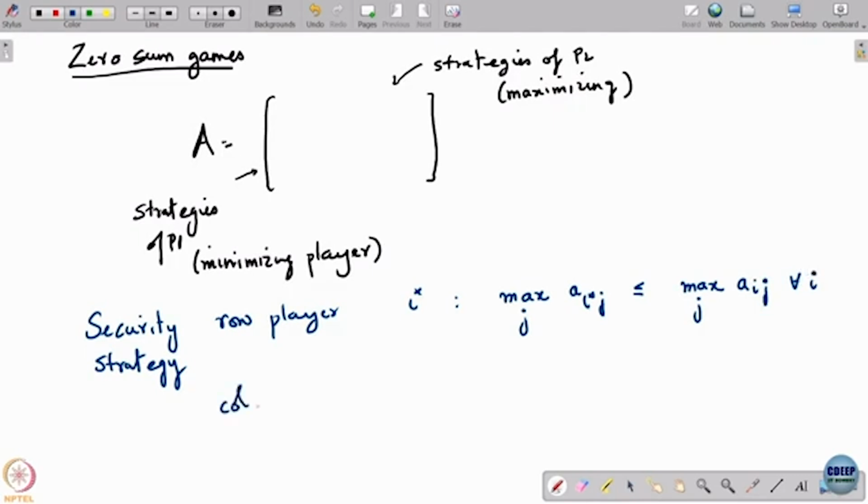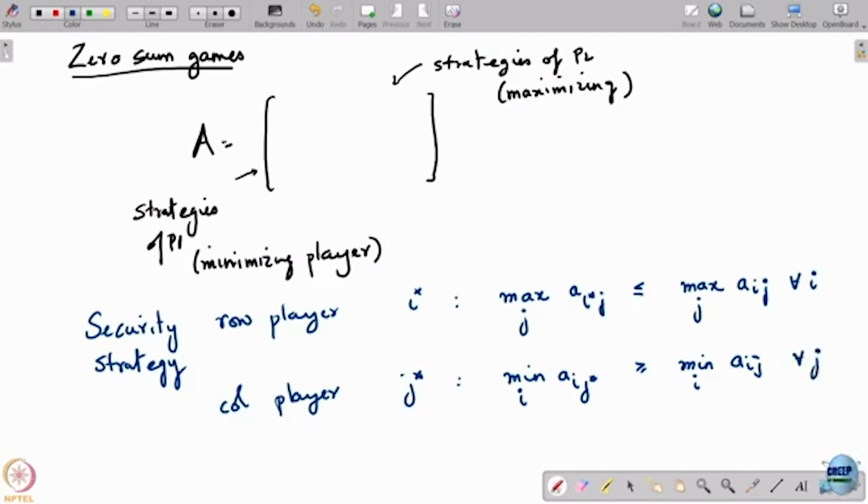Similarly, for the column player, we had a security strategy j star, which was defined with the property that the minimum over i of a i j star was greater than or equal to the minimum over i of a i j for all j.